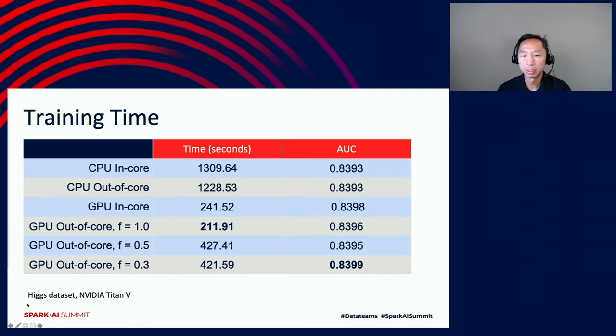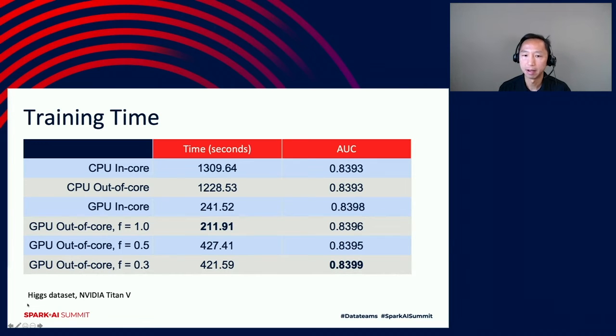You see, in terms of the training time, when you're doing CPU training, whether you're keeping everything in core or doing this out-of-core approach, it takes quite some time compared to the GPU approach. With GPU, it's interesting. Even if we're doing just the out-of-core approach without sampling, it's actually slightly faster, because we're only doing the incremental data transformation in the beginning of the training, and then we keep everything in memory after that.